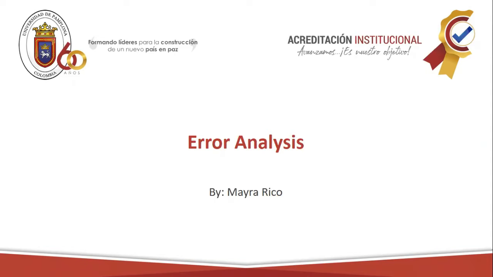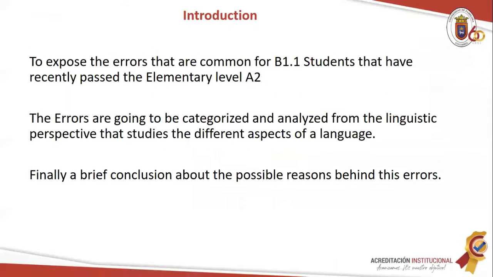So, to introduce this topic, we all have to take into account that as future English teachers, we'll have to acquire a certain level of language that is not all properly used, or not even used, in our daily routine. Through this activity, we will expose the errors that are common for B1.1 students who have recently passed the elementary level A2.